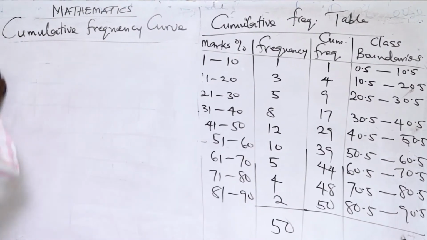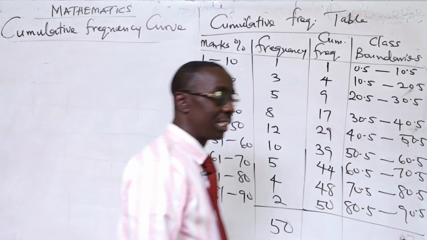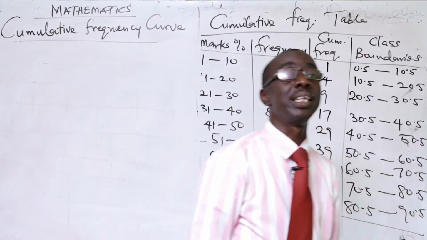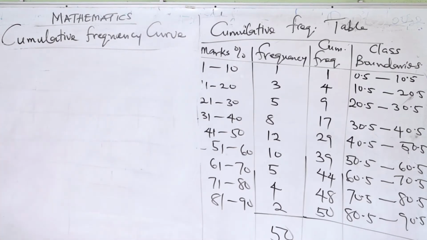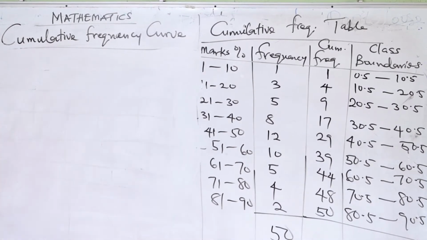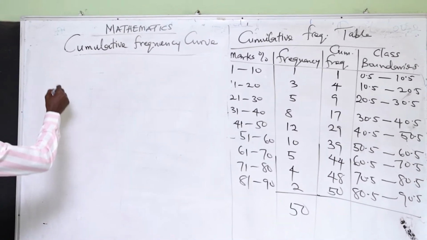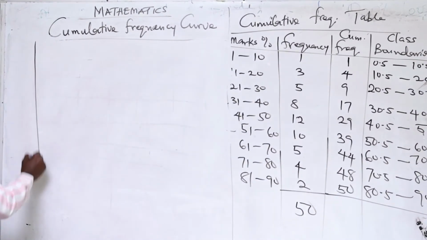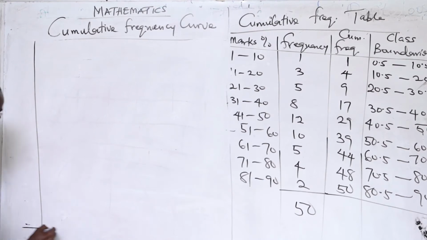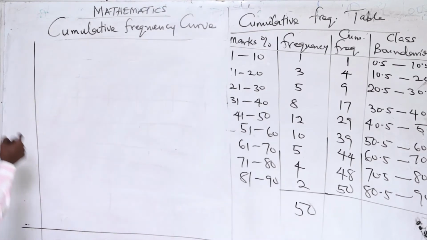We can use this space now for the cumulative frequency curve. Do we place our y-axis in the middle? What do you plot on the y-axis?